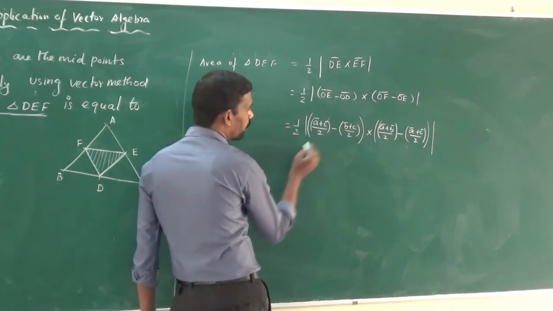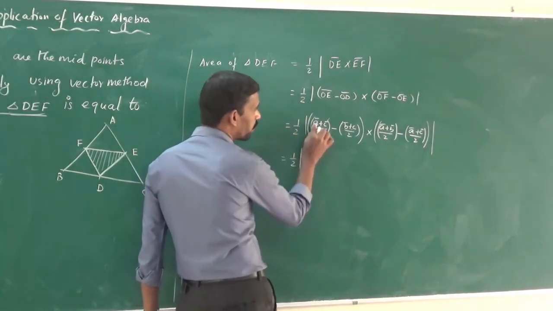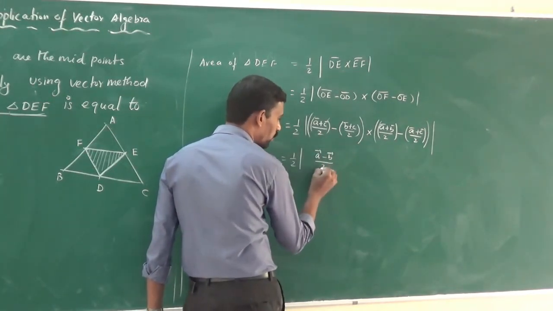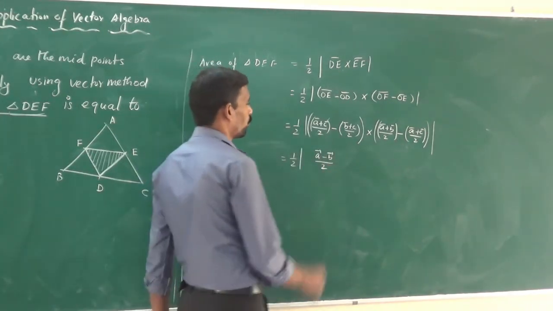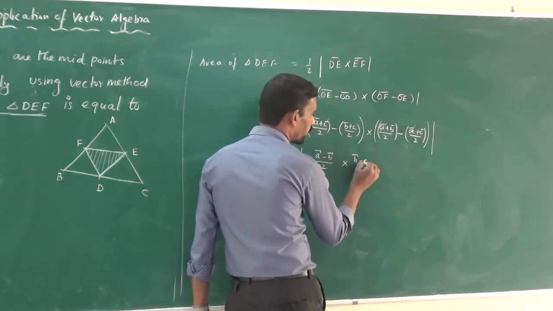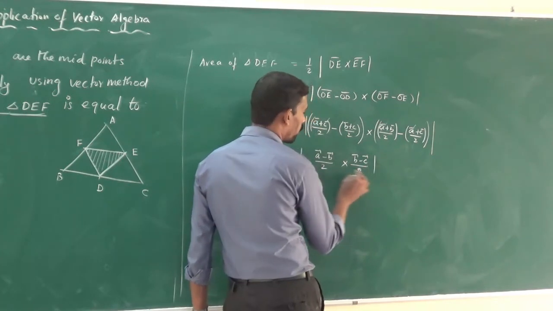Now here c will be cancelled, 1 by 2 is common. Then remaining a vector minus b vector, the denominator is the same. Here a will be cancelled. We get b vector minus c vector divided by 2.